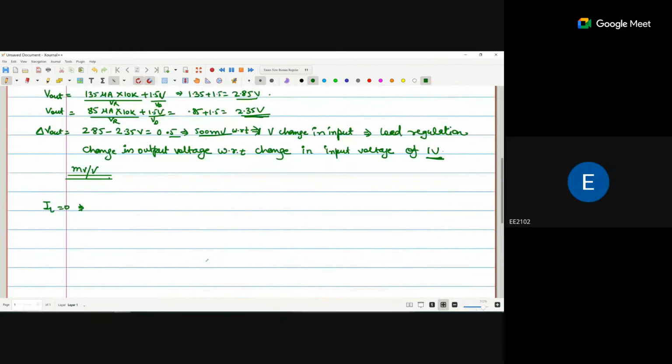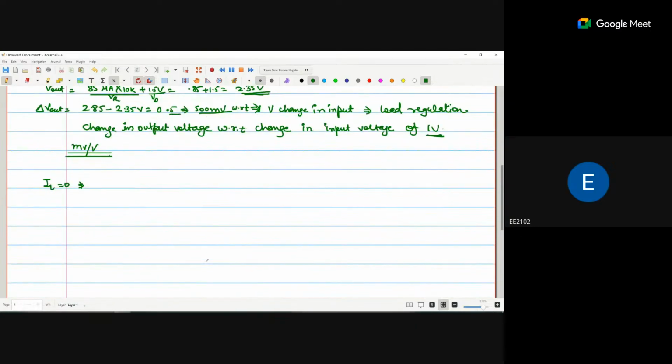When IL is 0, this is my circuit, this is V in.